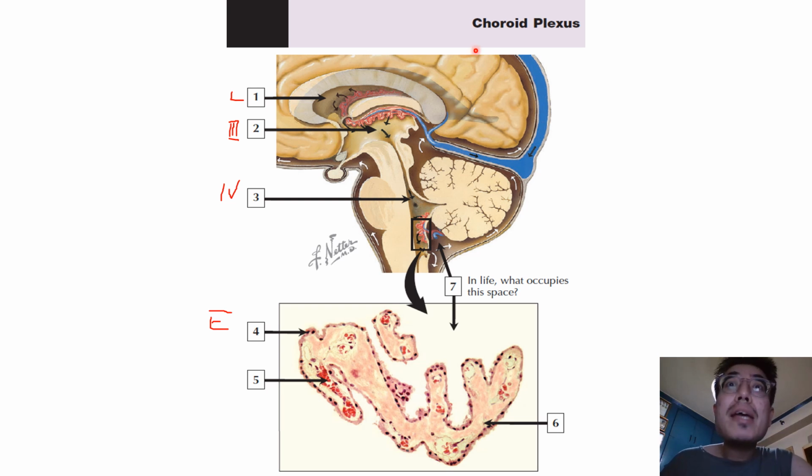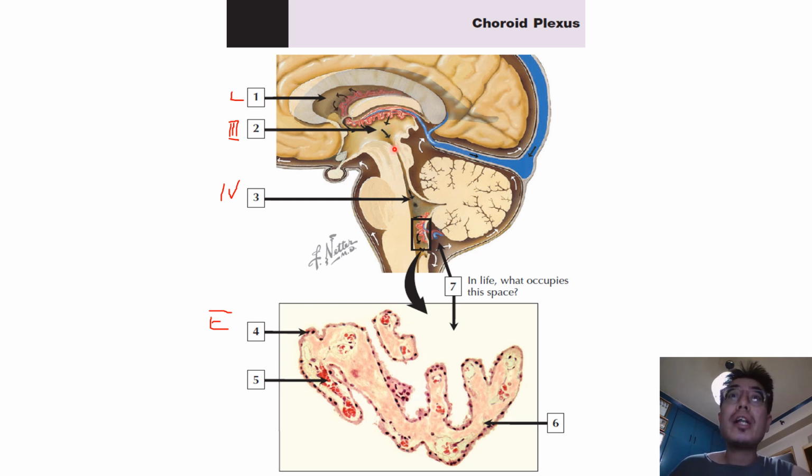Shown here is a schematic of the ventricles of the cerebrospinal fluid system. Number 1 here is the lateral ventricle. We actually have two lateral ventricles, one on either hemisphere. And eventually, the lateral ventricles fuse to deposit the cerebrospinal fluid into the third ventricle. That which is labeled here as number 2 is the third ventricle.